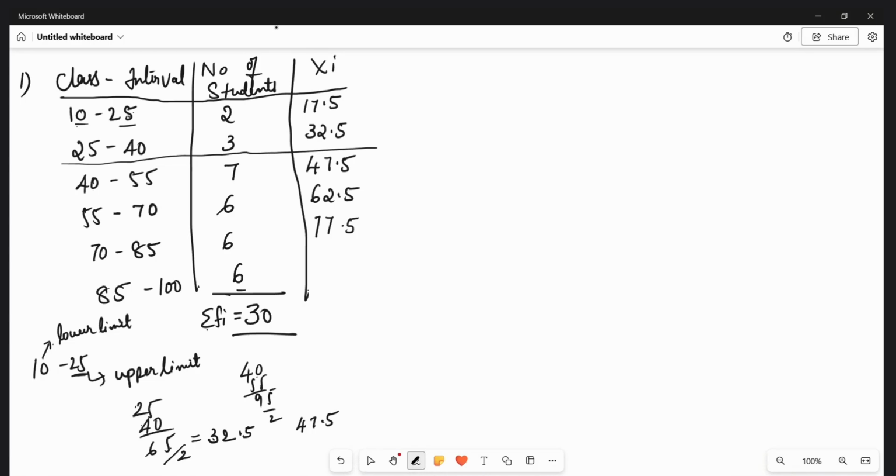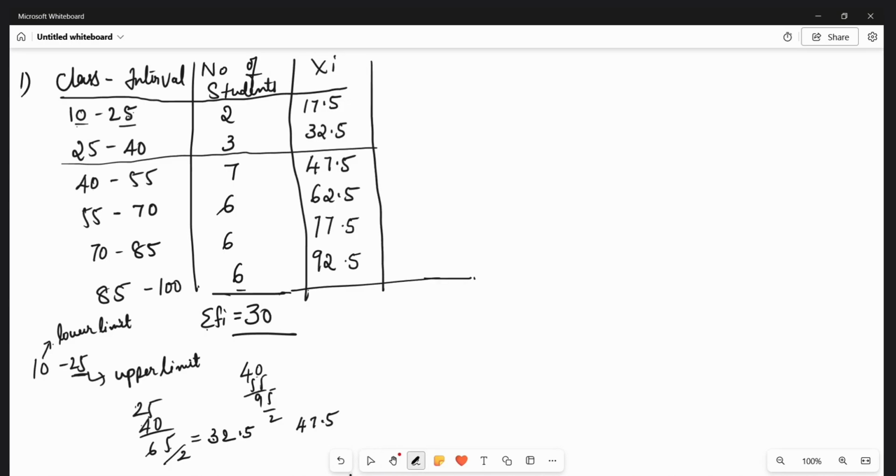Next one, 77.5 plus 15, 92.5. This is called the xi.